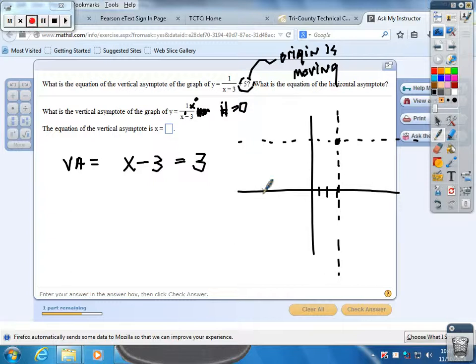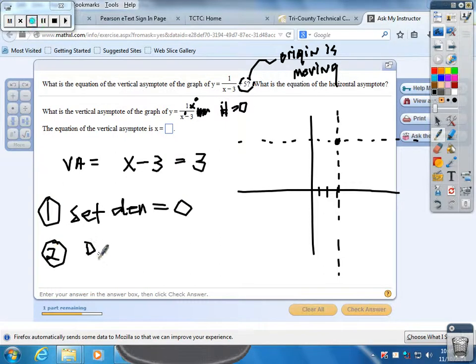That's why you have to know 3 things. 1, set the denominator equal to 0. That's your vertical asymptote. 2, if the degree of the numerator is less than the degree of the denominator, then your horizontal asymptote is equal to 0.